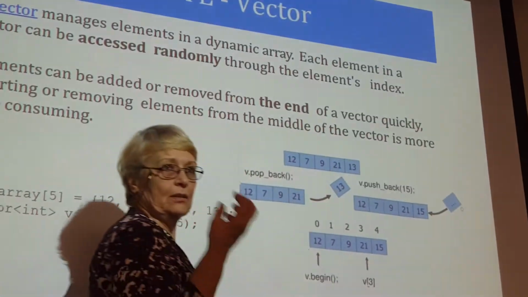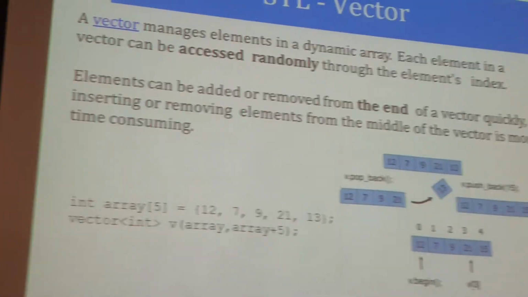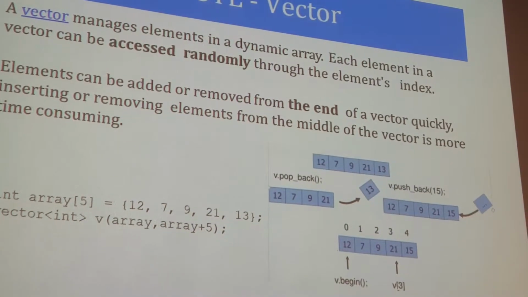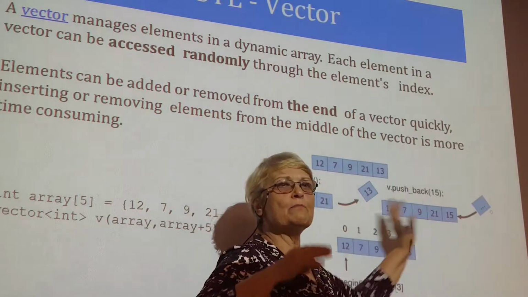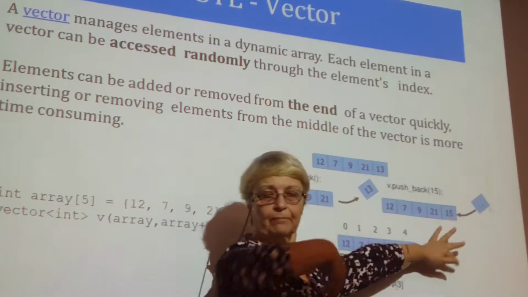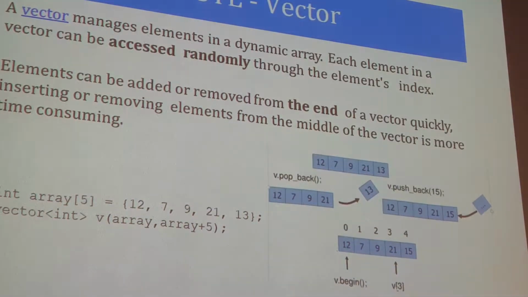The best efficiency, the best performance you get when working with a vector is to work with the end of the vector. Removing elements from the end and adding at the end gives you the best performance.